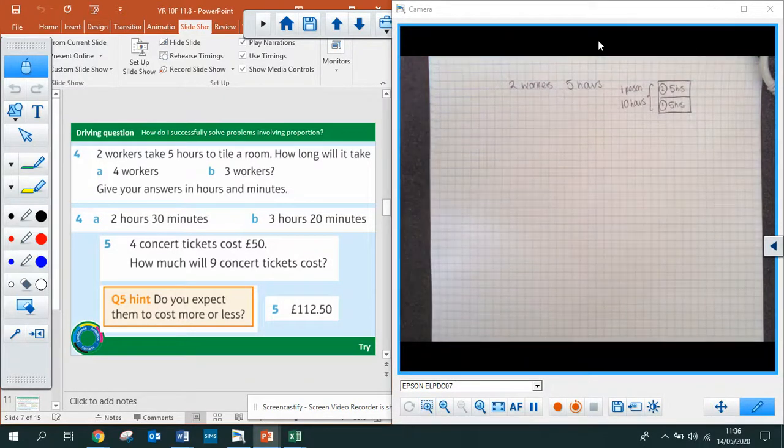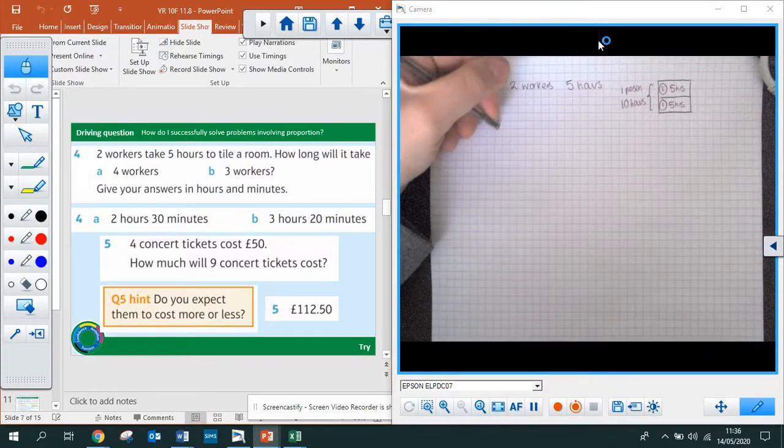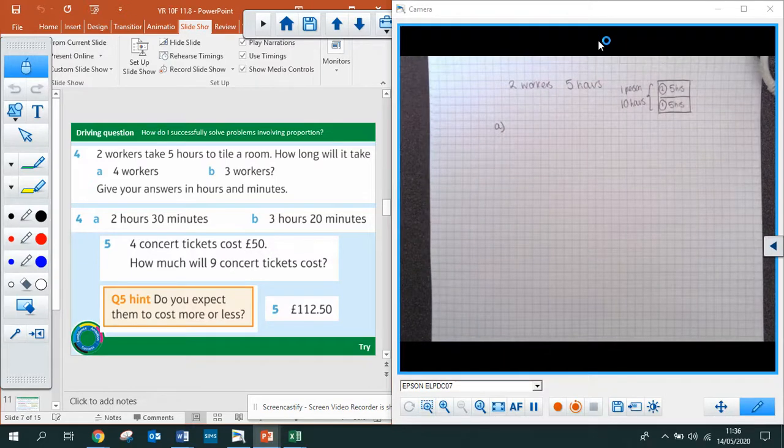Part A asks you how long it will take 4 workers. Well, as I said when I was giving you the hints, you don't have to use that information yet to work out part A. You've got double the amount of workers, so you'd expect it to take half the amount of time. Remember, it's inversely proportional, so as one increases, the other will decrease by the same amount.